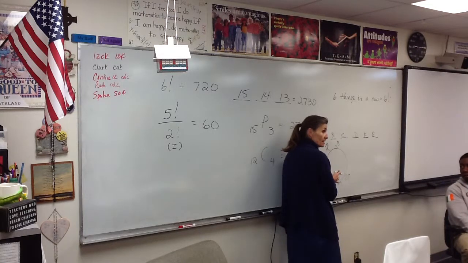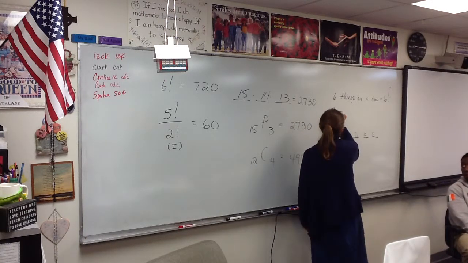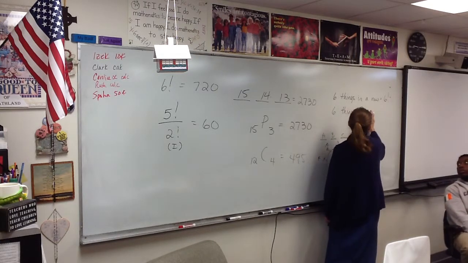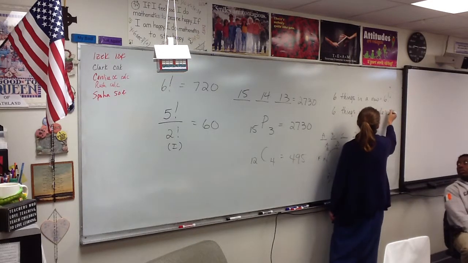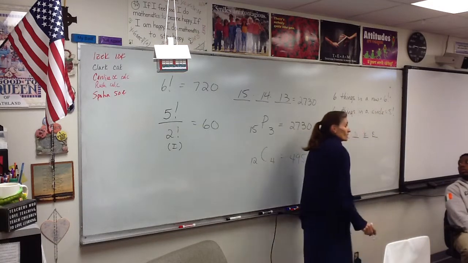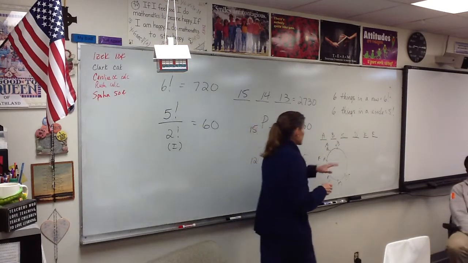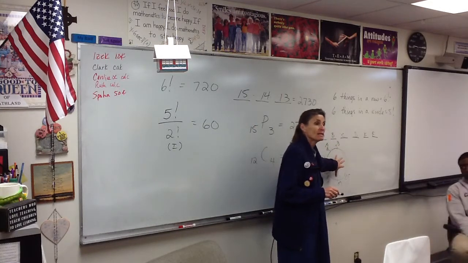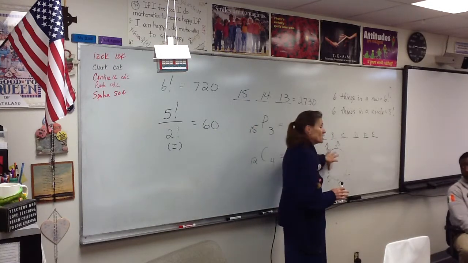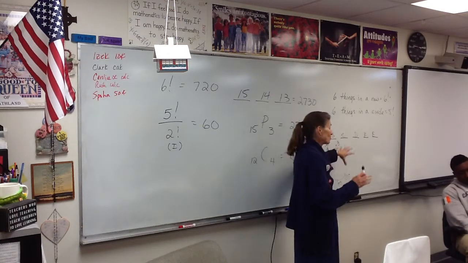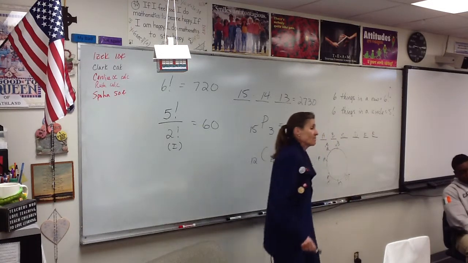Just rotated. So when you put 6 things in a circle, it's 5 factorial. There's always one less, and that's because this pattern gets repeated 6 times. There are 6 rotations of this pattern. So if we divide 6 factorial by 6, we're just left with 5 factorial.